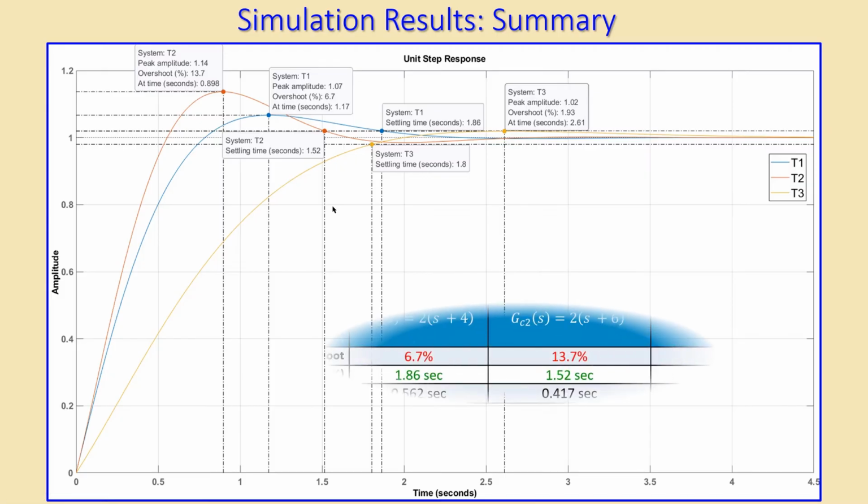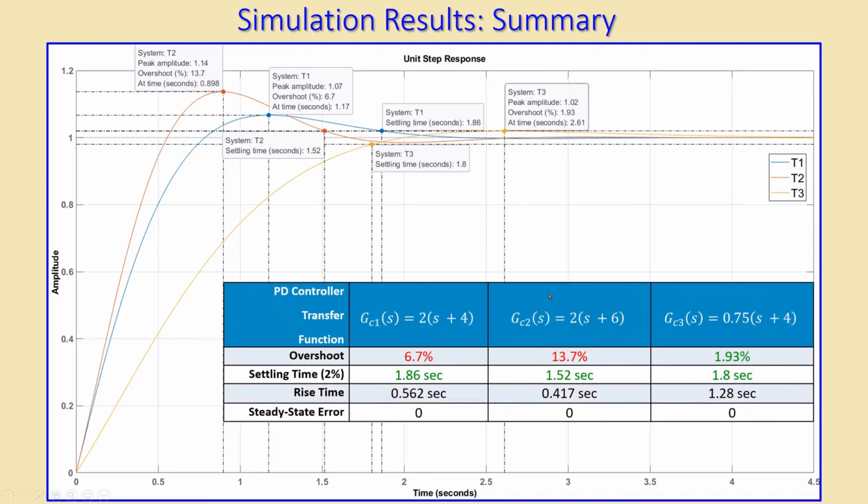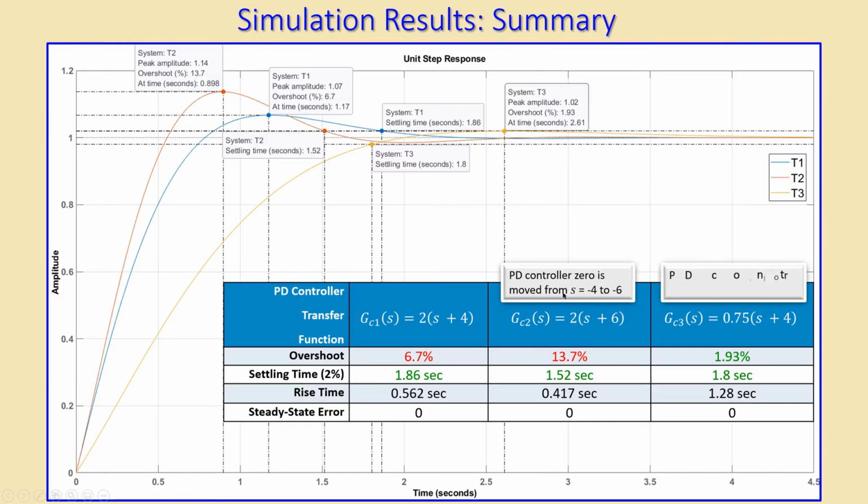Now you can see in the summary, with the PD controller 0 shifting and the PD controller gain decreasing, this is the original, which has 6.7% overshoot, but this is the shifted version of the 0 that is much larger, maybe more than twice increase in the overshoot, a little bit decrease in the settling time.